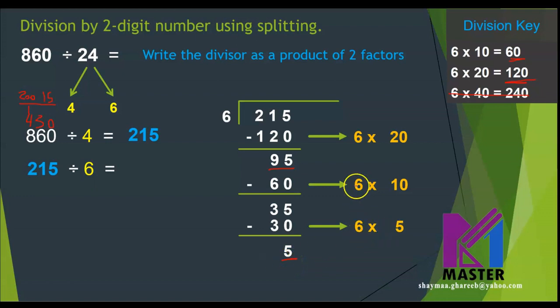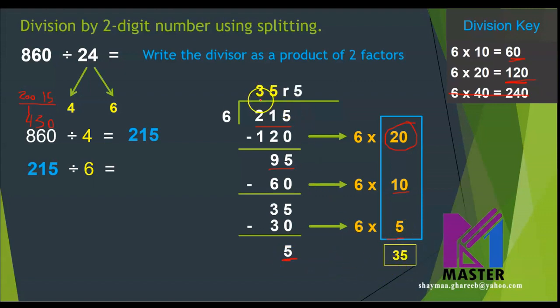So how many sixes are found in the 215 so far? First I found the 20, then I found the 10, then I found the 5, which means in total 35. And what about this 5 here? It is our remainder. So our answer will be 35 remainder 5.